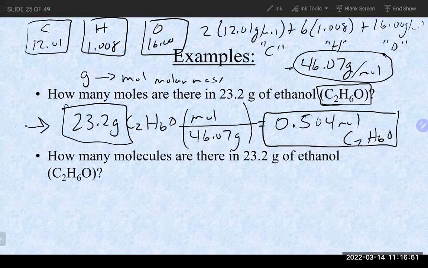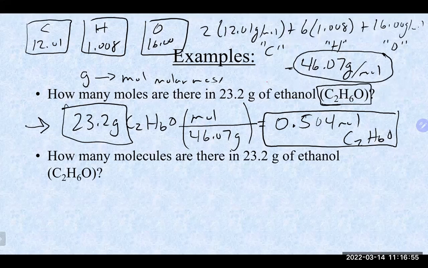At this point, we can now do the second part of the calculation, which is we want to know how many molecules there are in the 23.2 grams. Really, the path, if we were just given this question, would be we need to go from grams to moles and moles to molecules. And since we did the first part above, we could pick up from that part of the calculation.